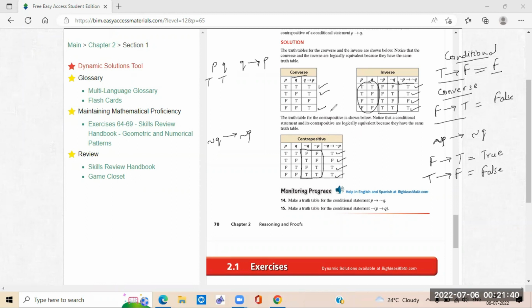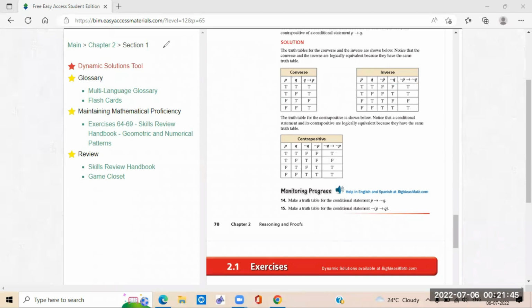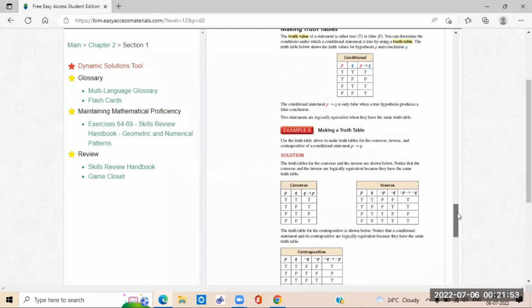Now, when we look at the truth tables, you can see that the identical truth tables are actually going to be the logically equivalent statements. So by looking at the tables we have made for the converse, inverse, and contrapositive of a conditional statement, which are the logically equivalent statements?